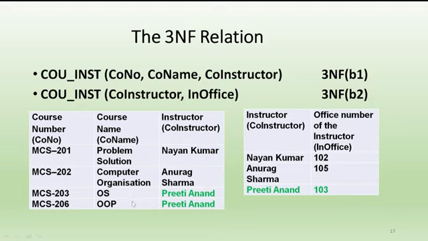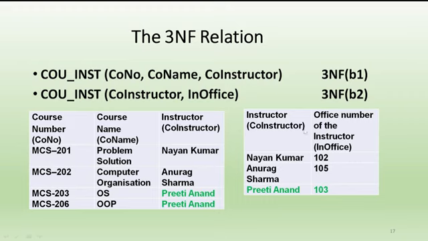Now what you can see here is that once again the anomalies or problems due to redundancy have been reduced drastically. Preeti Anand is appearing only in one place in this table, and you can join these two tables once again. How will you join these two tables? On course instructor.